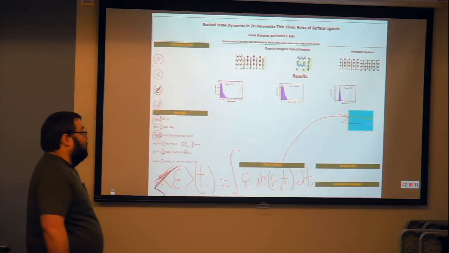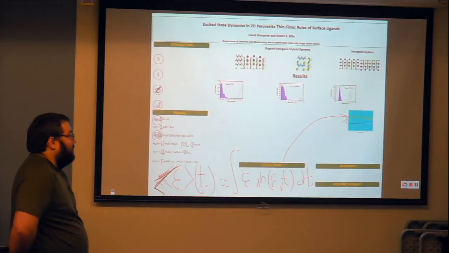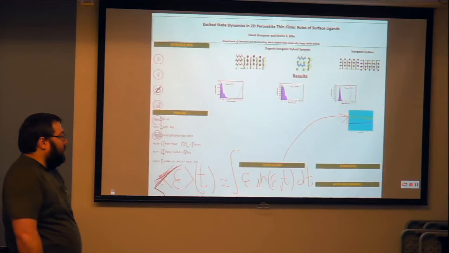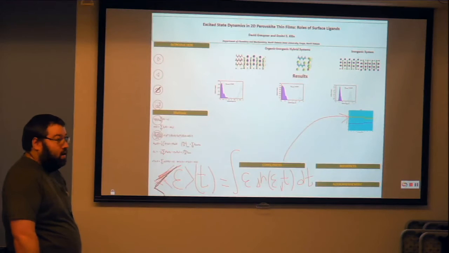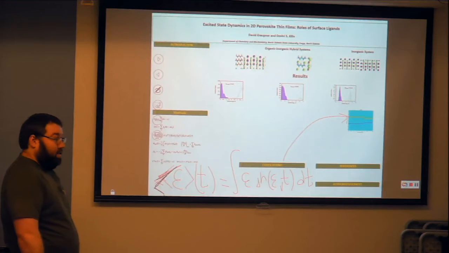And the connection with the inorganic system is a comparison with a model that does not have the hybrid layer, to see how that affects the dynamics of the models.